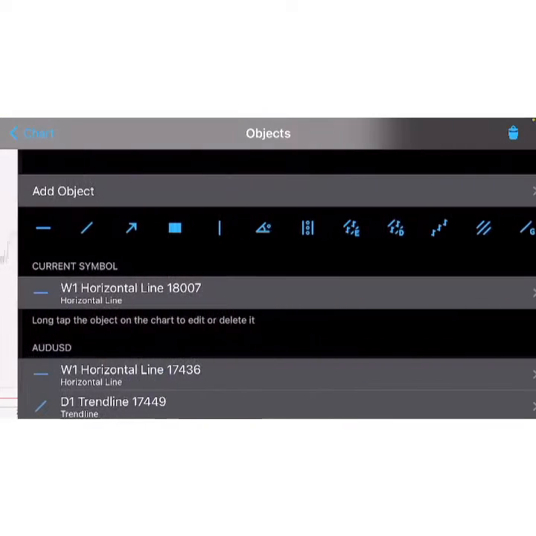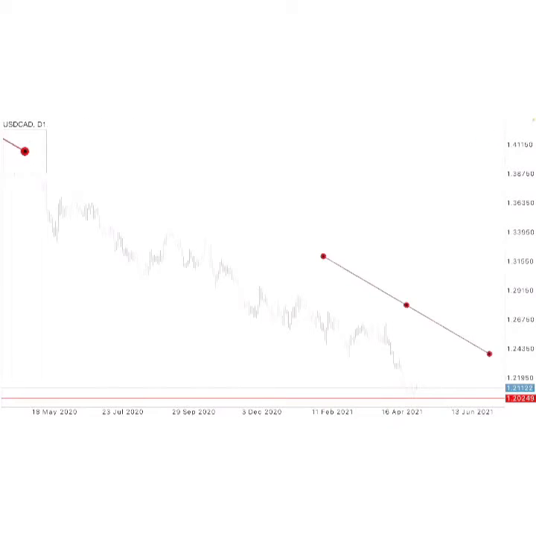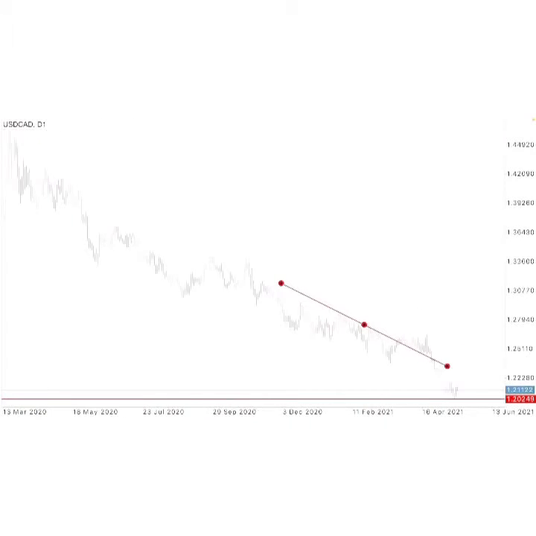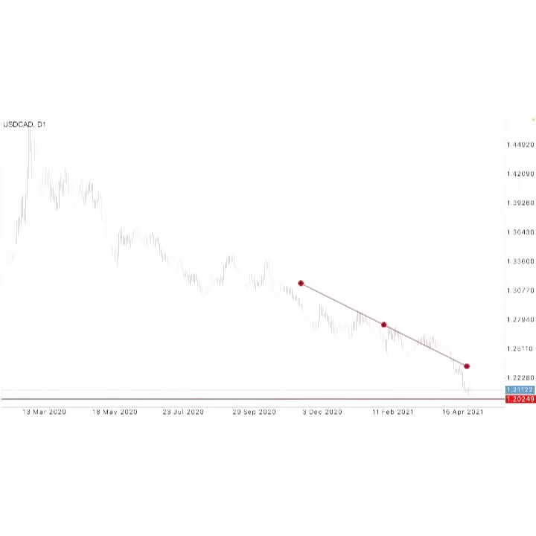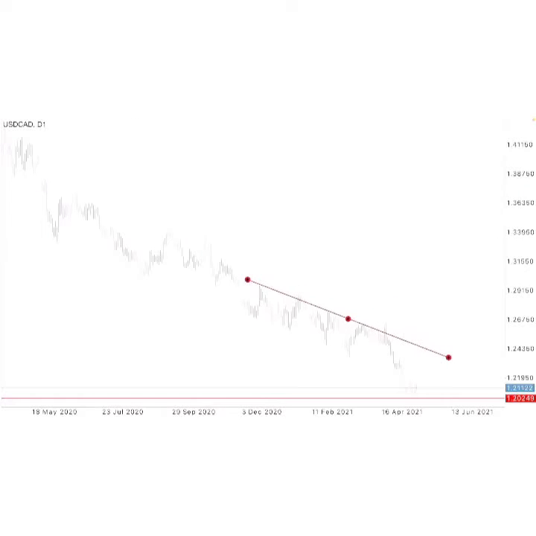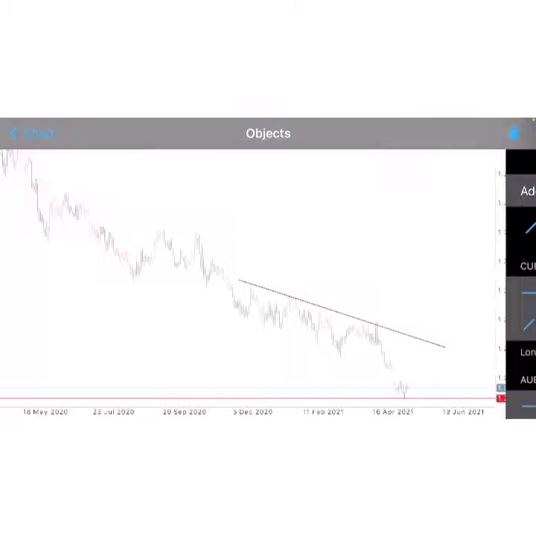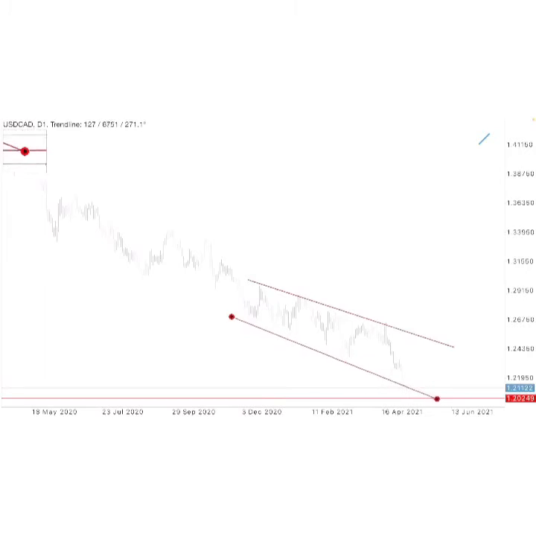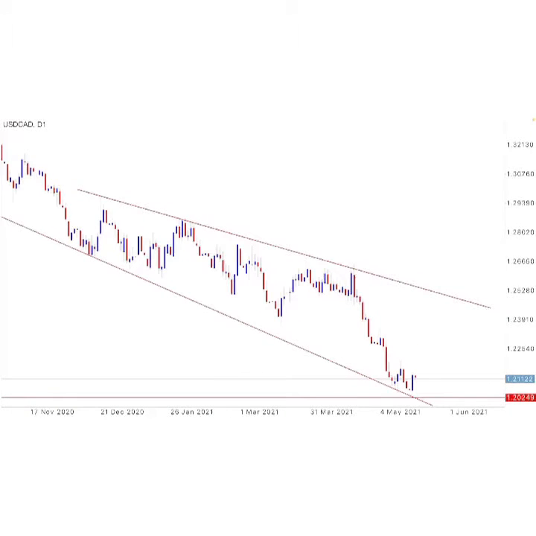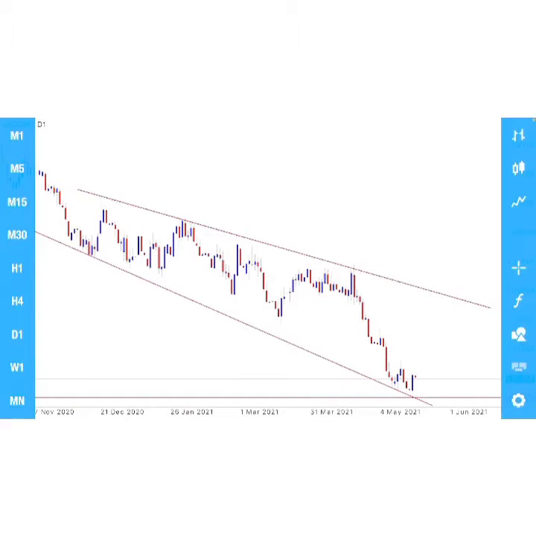So this pair was actually dropping in this type of nature, an aggressive trend.